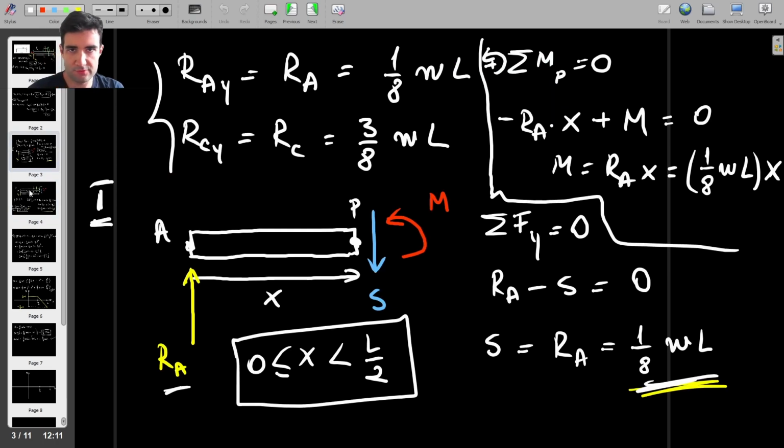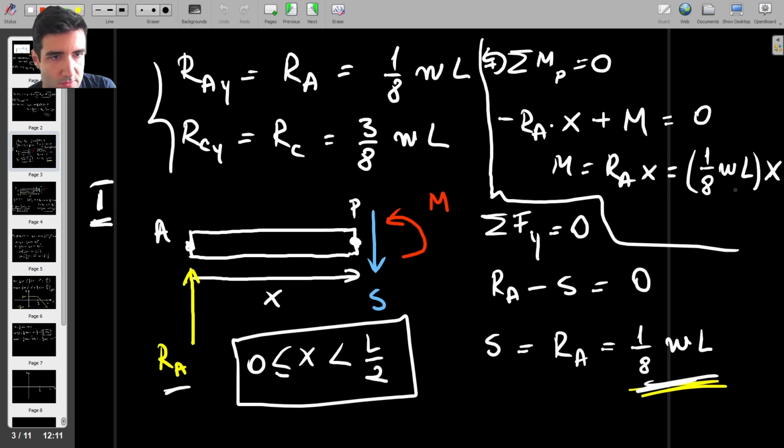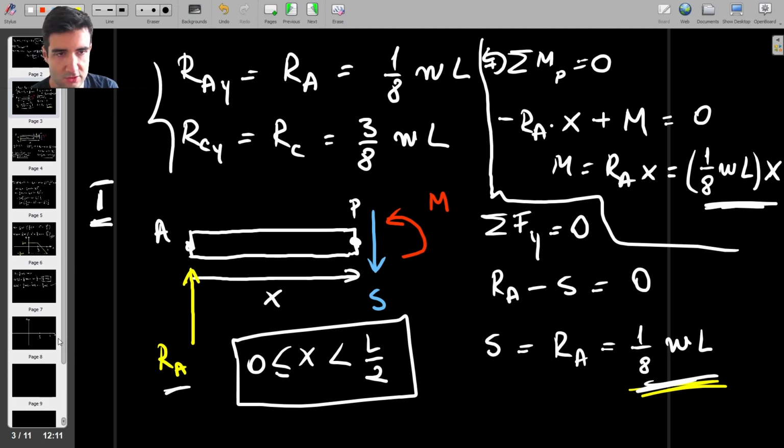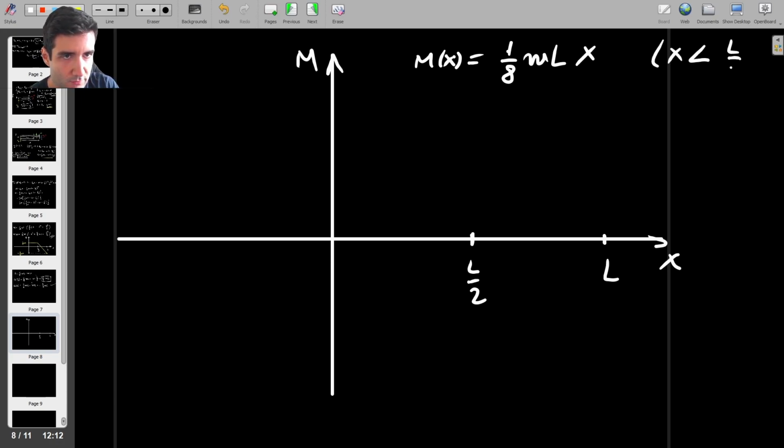The bending moment for the first half of the beam was just equal to this. So 1 over 8 WL times X, which is just a straight line starting from 0. So we have 1 over 8 WL times X, but this is only for X less than L over 2.